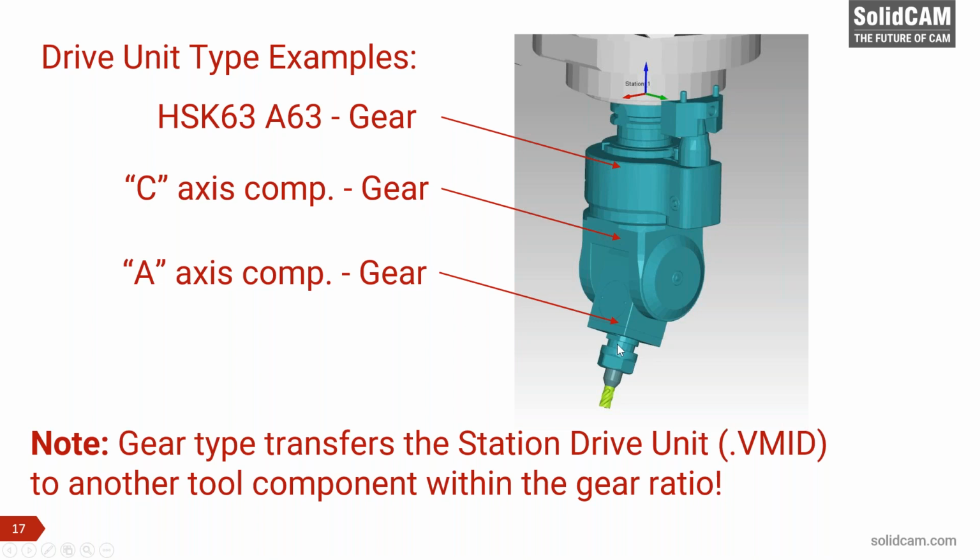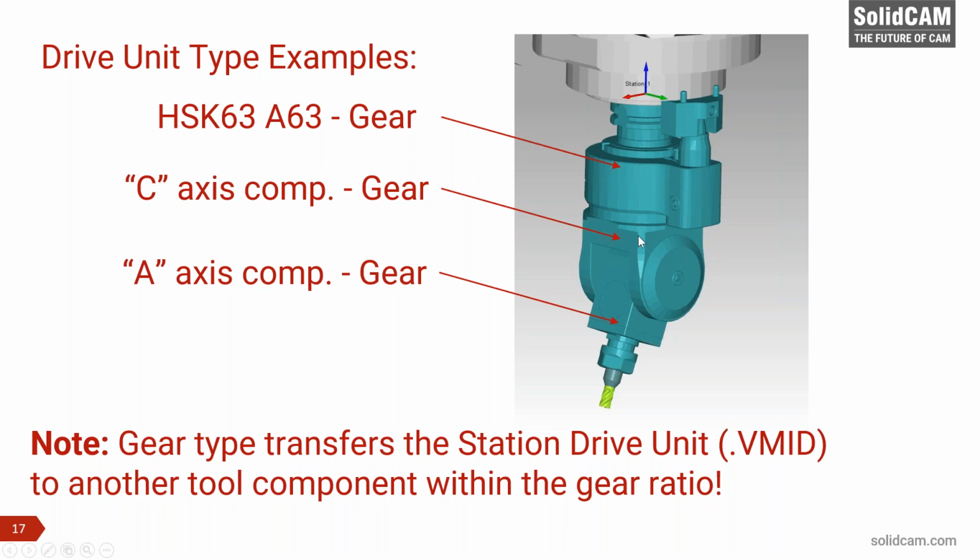this after this slide. Basically, the idea of the gear is to transfer the station drive unit to another tool component within the gear ratio. So the gear ratio is extremely important. And after the holder, we will have another joint, and the next holder component will take that as a main drive unit property.